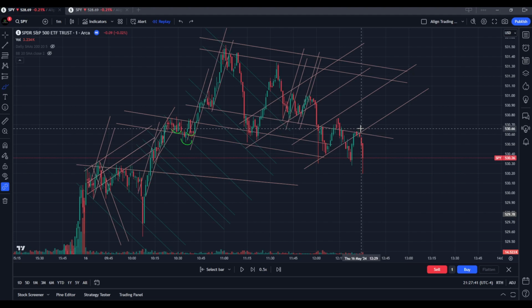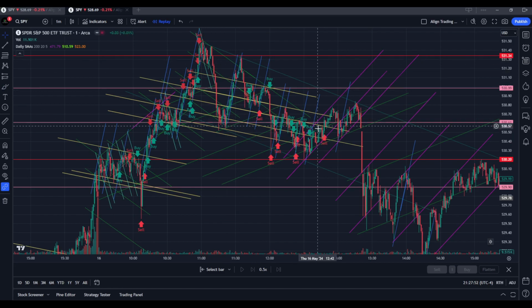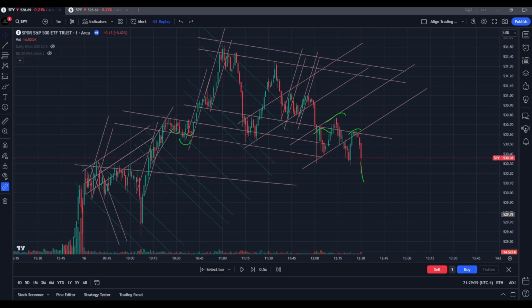And there it is right there. You can see this head and shoulder. You see that shoulder, and it starts breaking down. And this was again another trade that I took. This trade ended up actually being a loss, and I'm going to show you why.